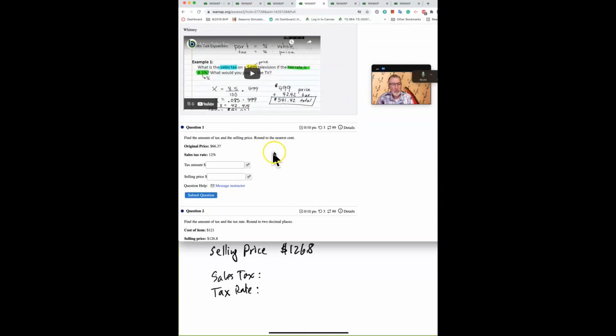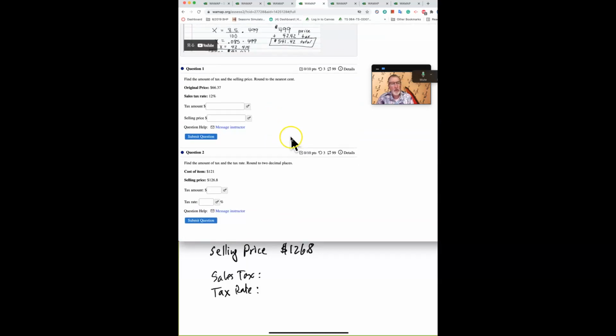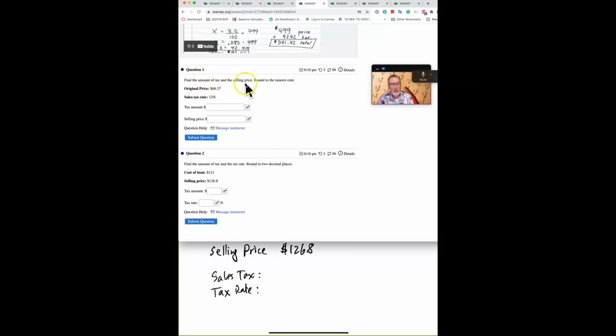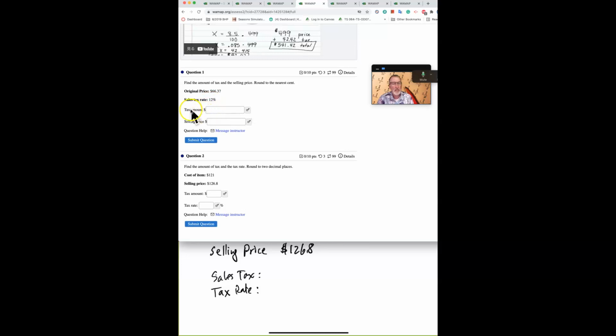So, question one, we are supposed to find the amount of tax and the selling price, rounding to the nearest cent. So, original price $66.37. Sales tax rate is 12%, slightly higher than Seattle. And from this, we need to calculate the amount of the tax paid, which would be the tax rate times the total price.